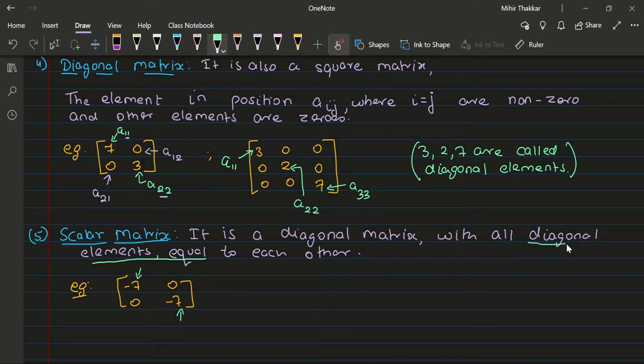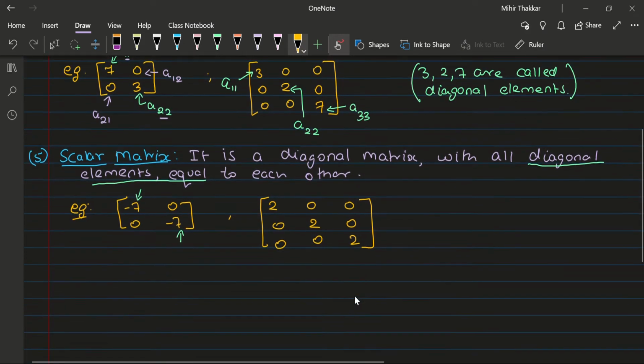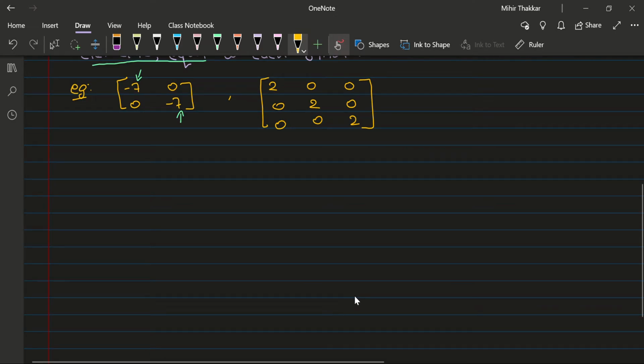Therefore, this kind of presentation of the matrix is called a scalar matrix. Let me take one more example, guys, quickly: 2, 0, 0, 0, 2, 0, 0, 0, 2. You can see over here all the diagonal elements are equal to 2 and the non-diagonal elements are 0. Therefore, again, this kind of matrix is called a scalar matrix. Is that very easy, guys?